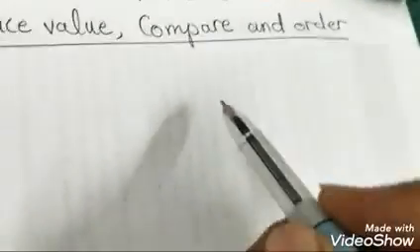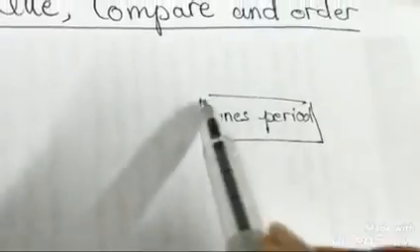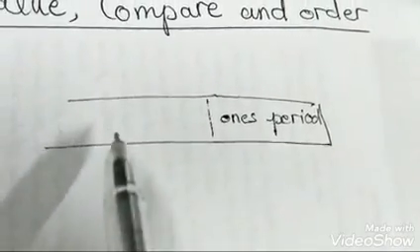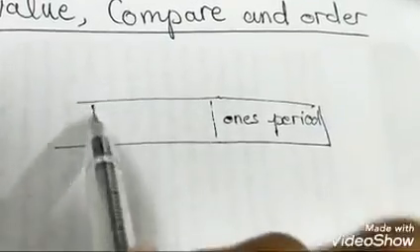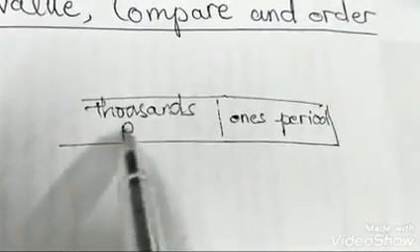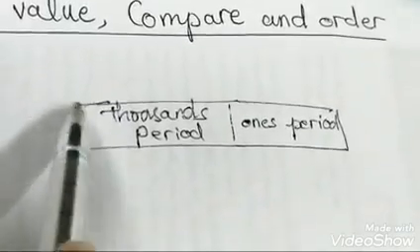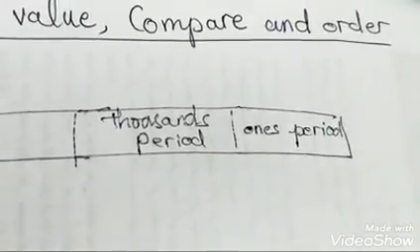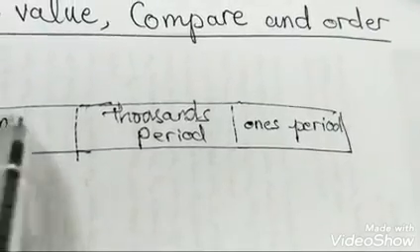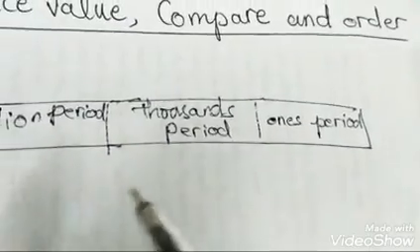First of all, we have some periods. We have the ones period, then the thousands period, then the million period. Each of these three periods has three place values.